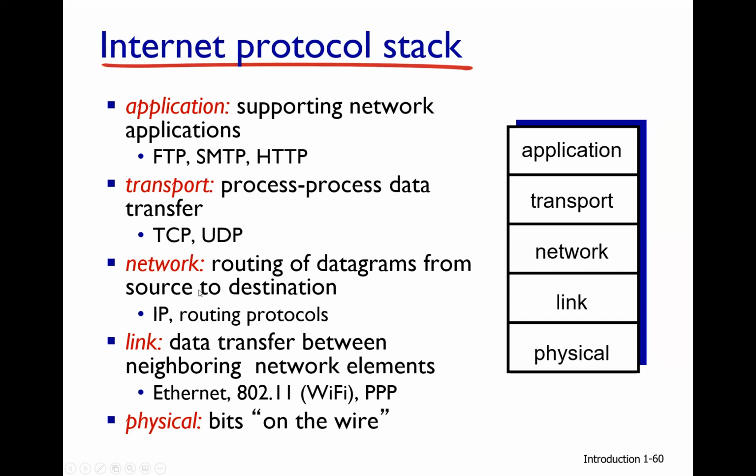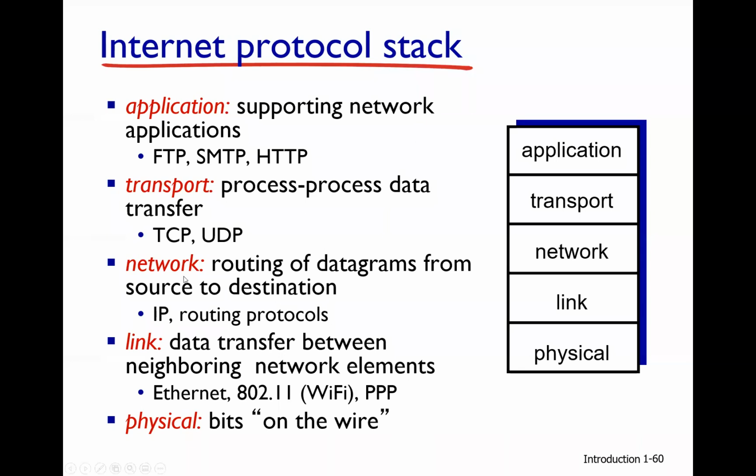And then coming down to the next layer, the network layer. From the network layer's perspective, they're interested in routing datagrams, which right now you can think of as packages, from the source to the destination. It just implies that this is a source end system to a destination end system.